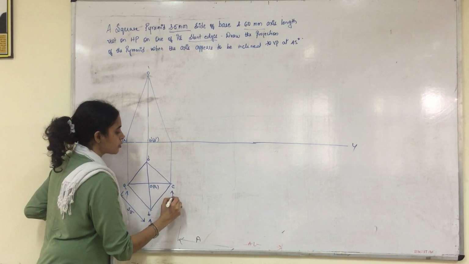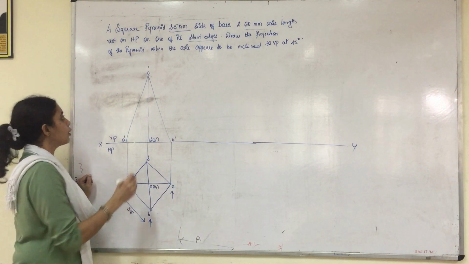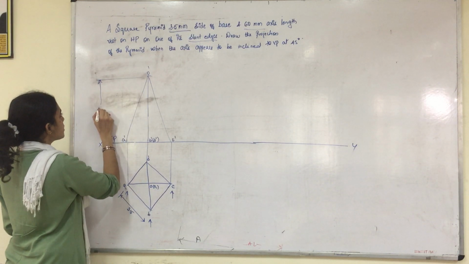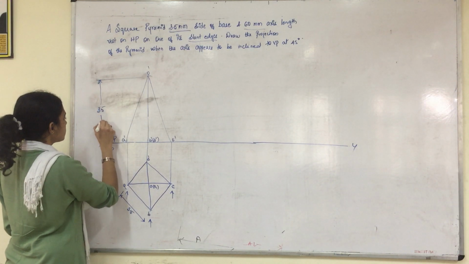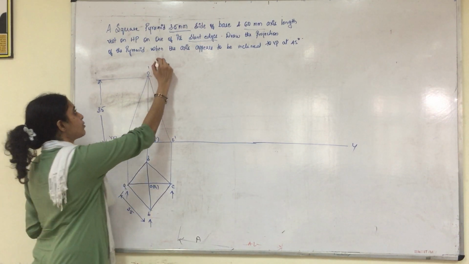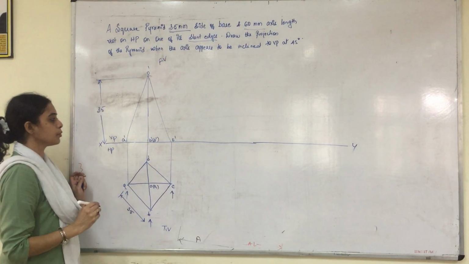And again when the observer views from here, C will be visible. You will write it as C dash. Don't forget to show the dimension of the axis, which is equal to 35 mm. So this completes the first stage, front view and the top view, right?